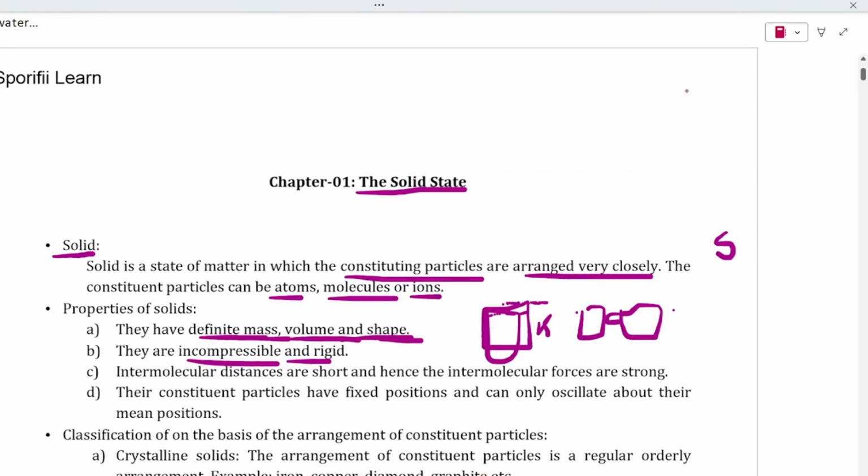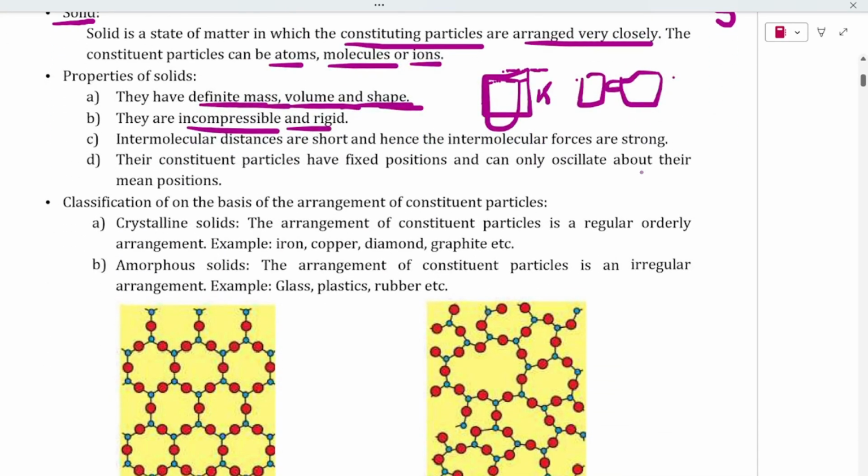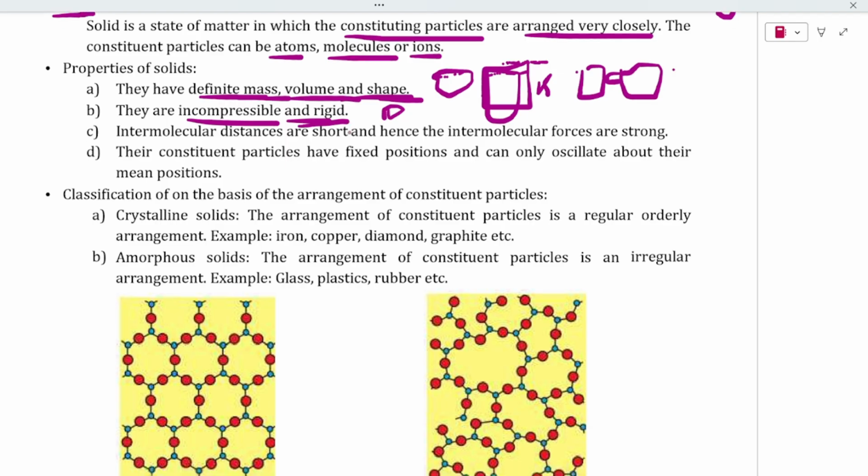And rigid is nothing but unbending, very tightly packed. As we saw, it is tightly packed, so that is called a rigid shape.